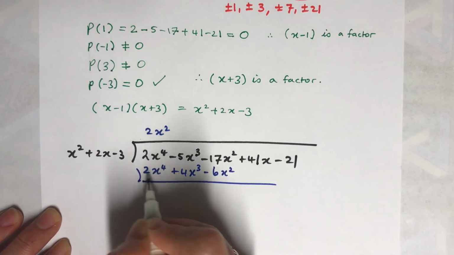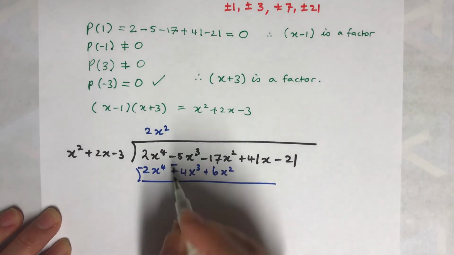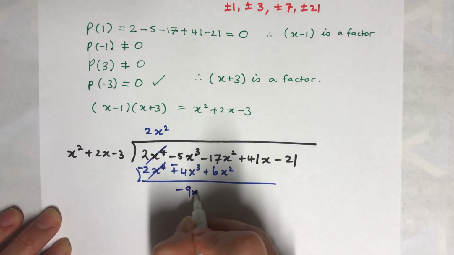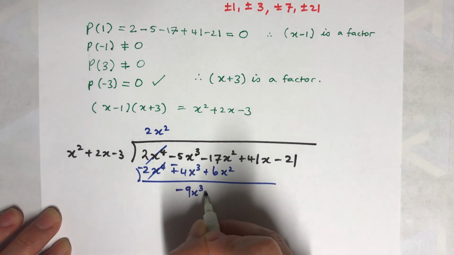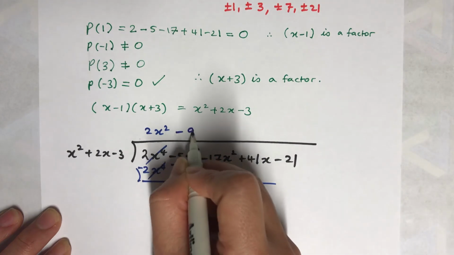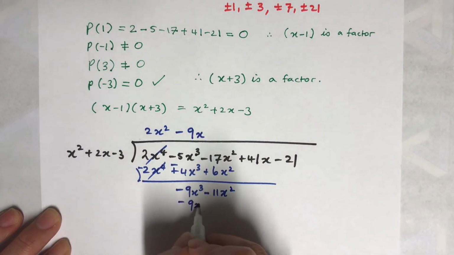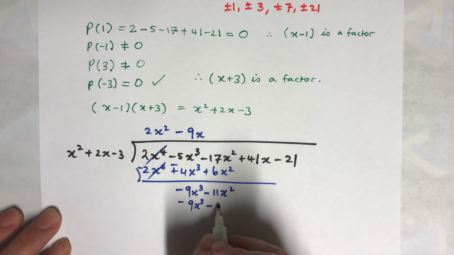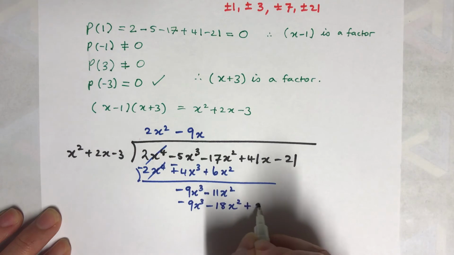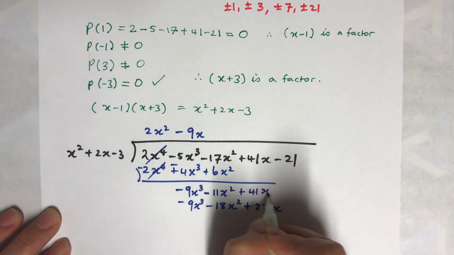Now be very careful about negative, positive. Okay, so I'm going to get rid of that. That will be minus 9x cubed. That will be minus 11x squared. So I'm going to go minus 9x, and that will give me minus 9x cubed minus 18x squared plus 27x. Oh, I forgot to bring 41x down.